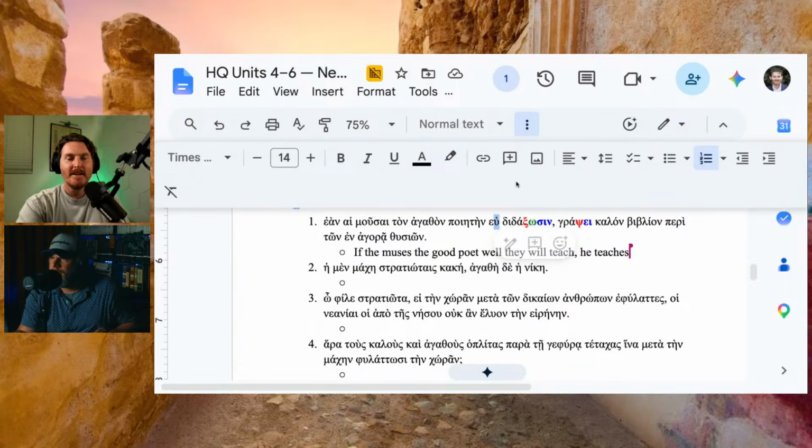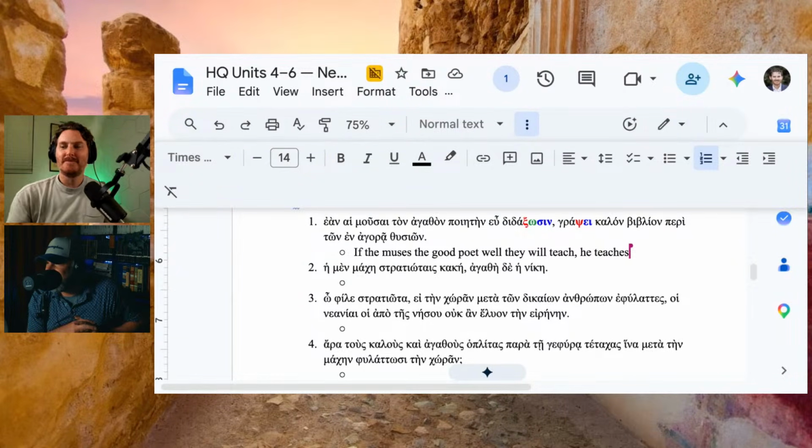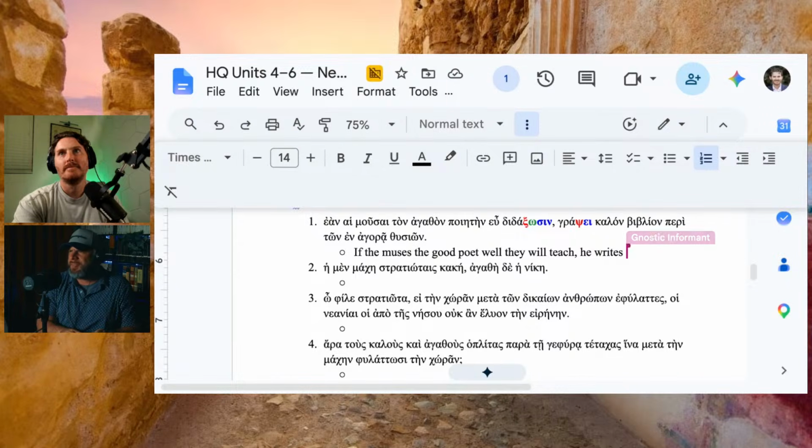This needs a circumflex accent like that. Never would have guessed that. You're all about the accents. I'm never paying attention. Okay, he teaches, or no, I'm sorry, he writes.